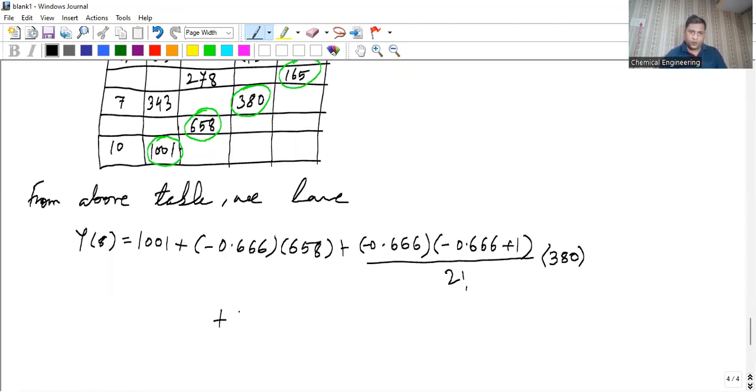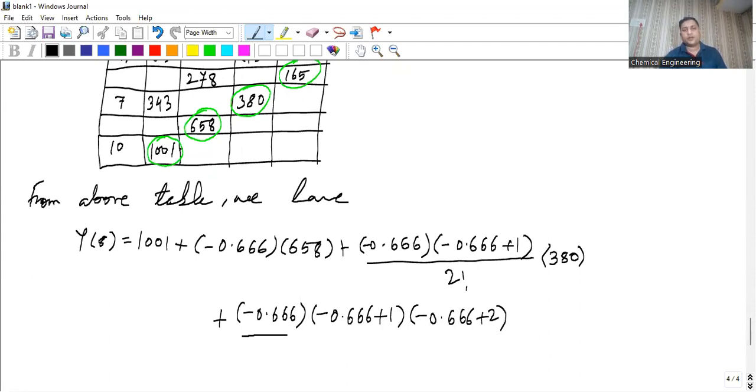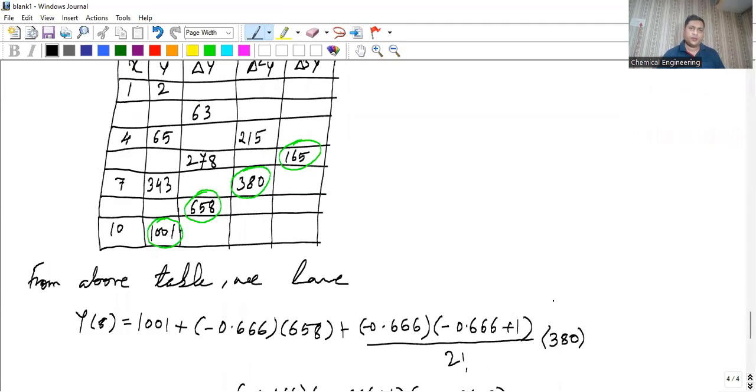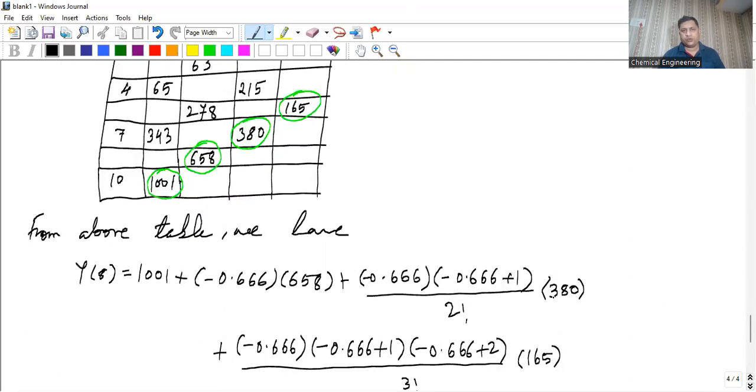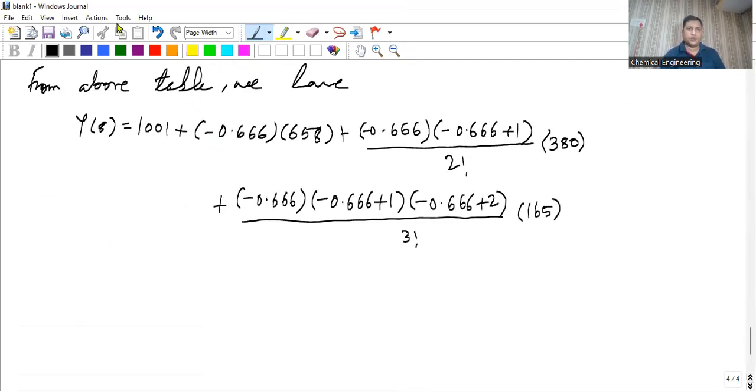Plus, we have minus 0.666 into minus 0.666 plus 1 into minus 0.666 plus 2 divided by 3 factorial, and here we have 165. Okay, so this is yn, del square yn, and del cube yn, and we have up to del cube only. So we have 3 differences, so we'll have at the most 4 terms here.